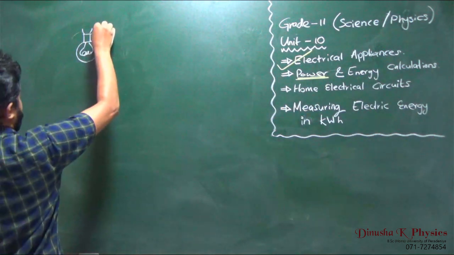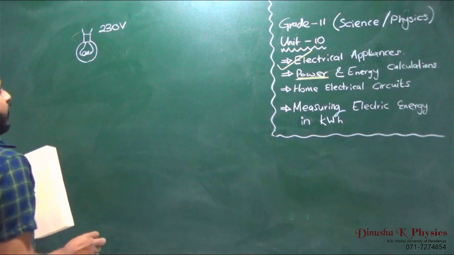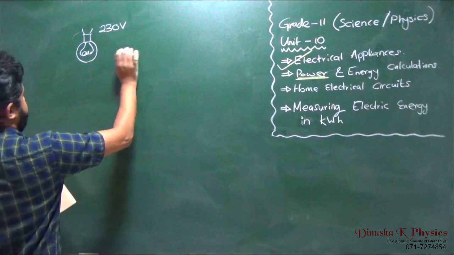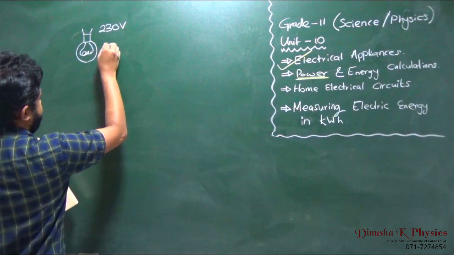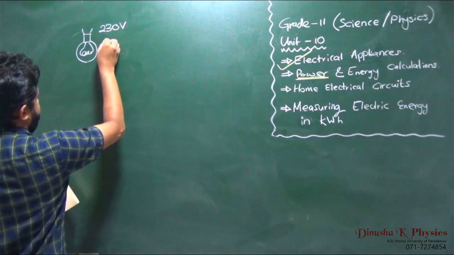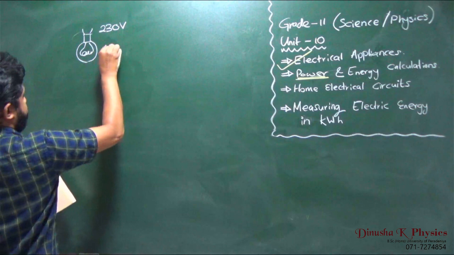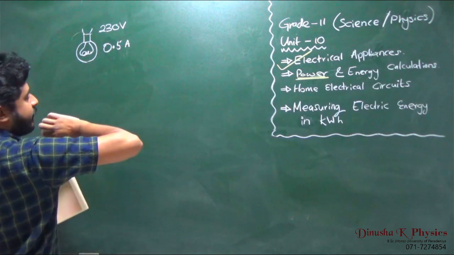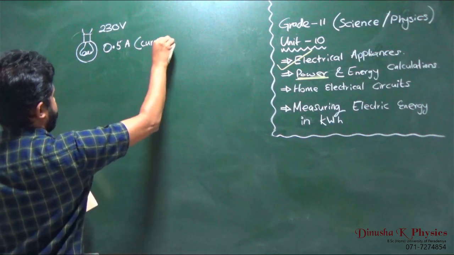So it is using 230 volt voltage difference and it is using a current of, let's say, 0.5 amperes, right? The current using is 0.5 amperes.